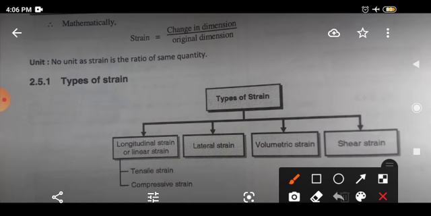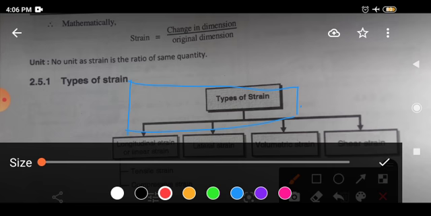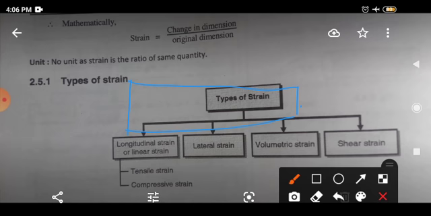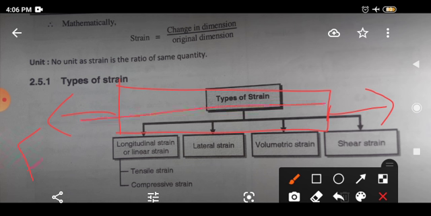Like, if this is a circular rod of uniform diameter d, having cross-sectional area pi d square by 4, and if F is the applied load in its longitudinal direction, or along its axis, then the stress is equal to force or load per unit area.